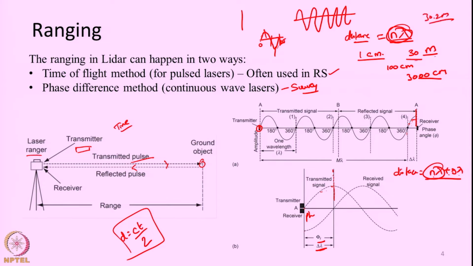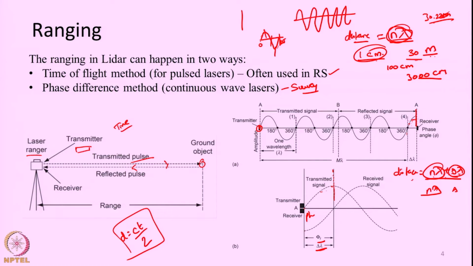If the distance was 30 meters in our example of 1 centimeter, only n lambda will be there, this delta lambda will not be there. If the distance is, let us say, 30.25 meters, which is not an integral multiple of 1 centimeter, this delta lambda has to be measured separately. That measurement will occur separately and they will be added together.